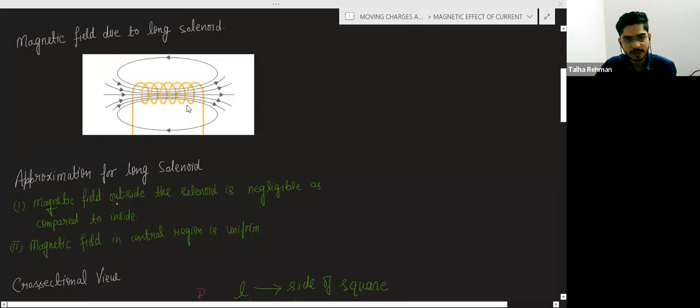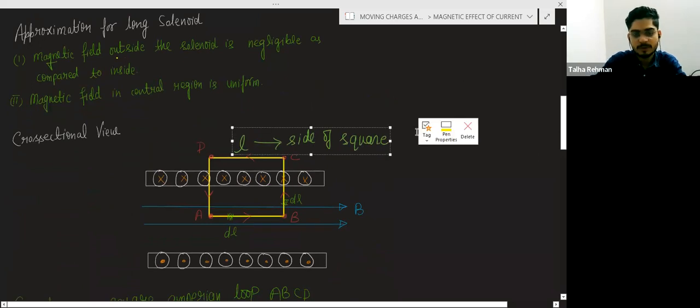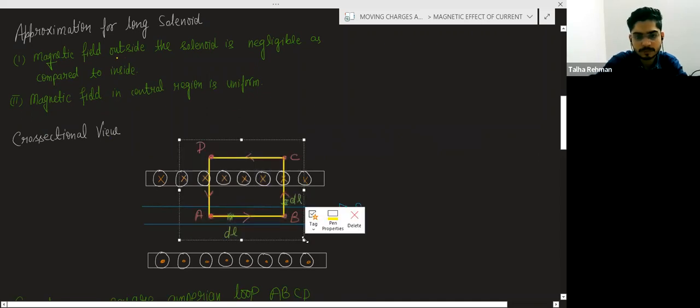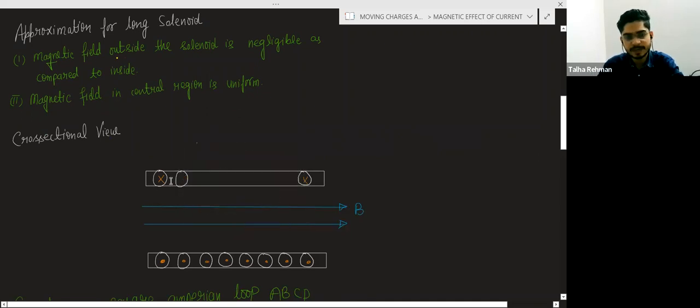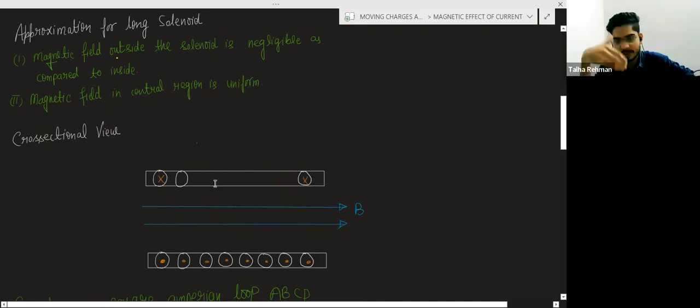In the same way, we have cut the solenoid, and we will get this type of view.